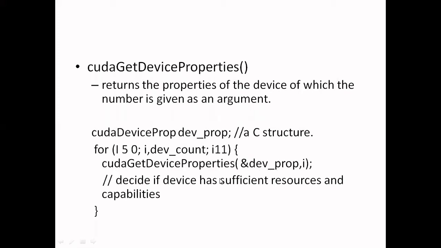So it will return so many properties, and accordingly you can use these properties to decide the resource assignment or maybe your thread organization. Let us discuss some of the properties which are returned from here.